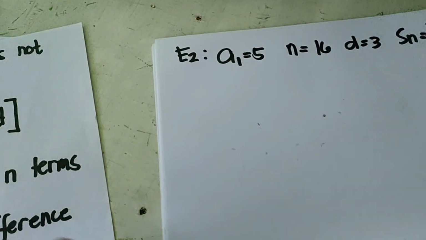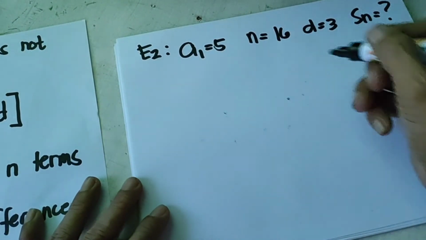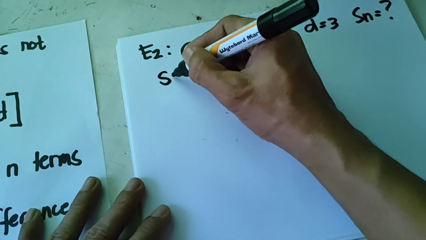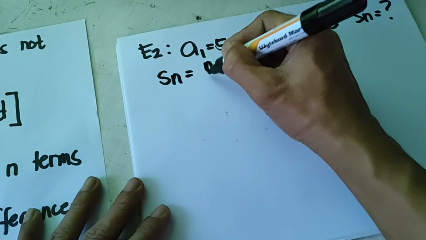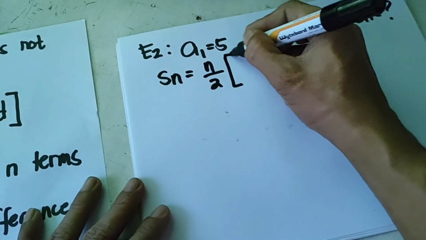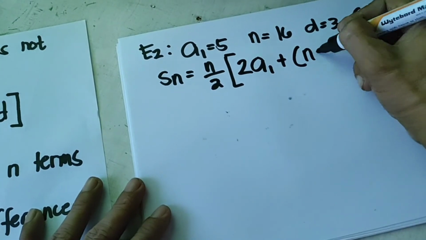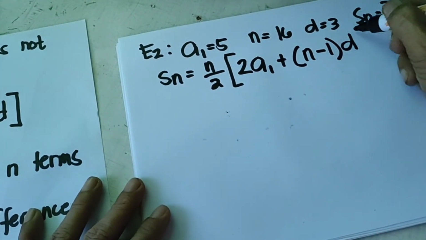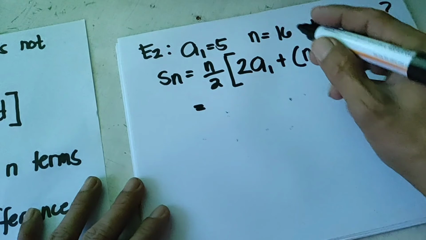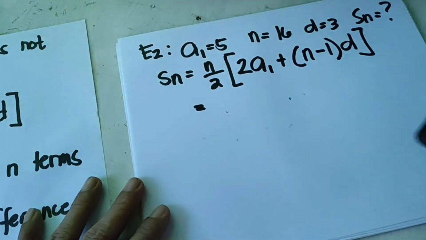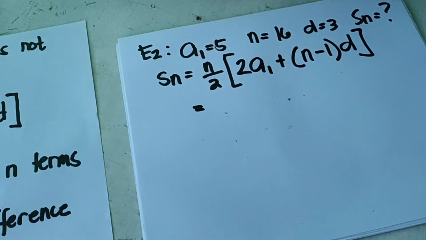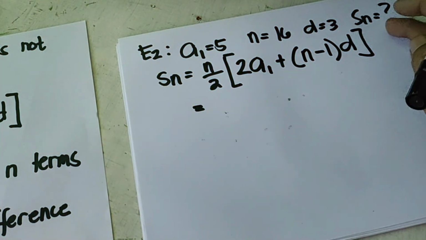Okay, we are going to rewrite the formula, that is Sn is equal to n over 2 multiplied by 2a sub 1 plus the quantity of n minus 1 times d. Okay, so we substitute. Our first number is 5, our n is 16. Of course, the difference here is 3, and we are going to find out what is the sum of this number.